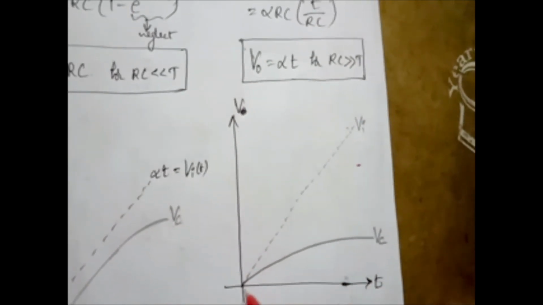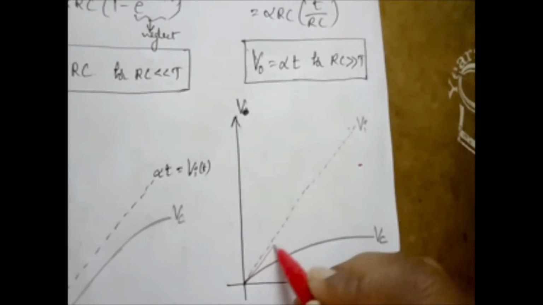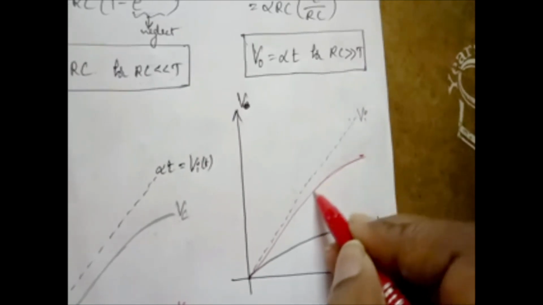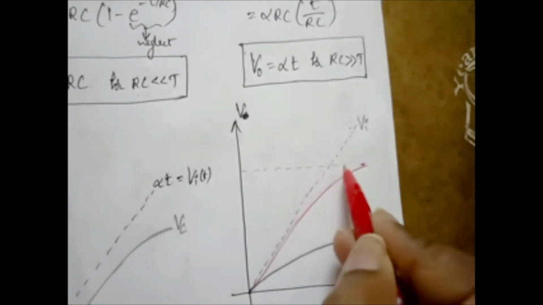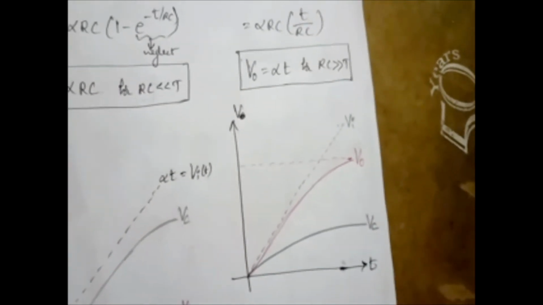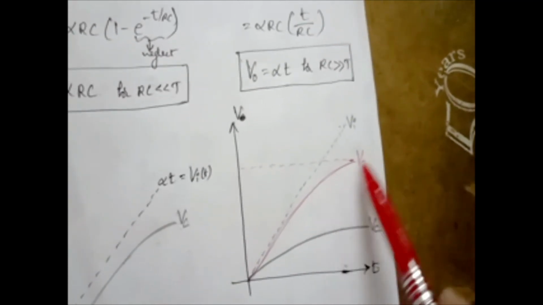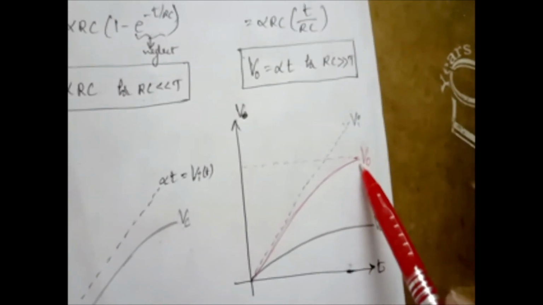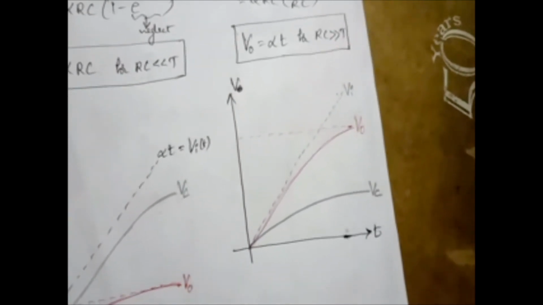If the capacitor waveform is this, then we get the output voltage like this. So this is how we find the response of the RC high pass circuit to a ramp input. This is about the response curve.